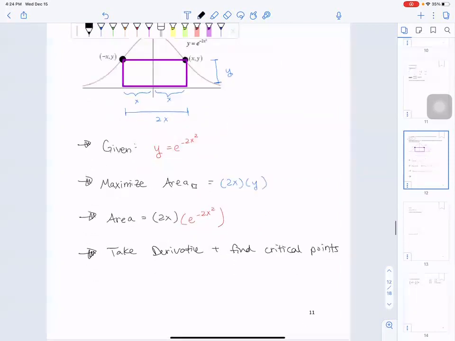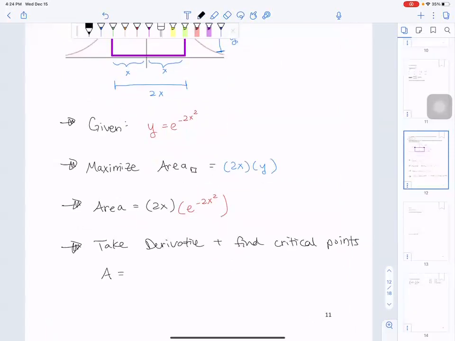So what's the derivative of our area right now? You have two functions, so recognize that you need to use the product rule. The derivative of our area, A prime of x, is first term times derivative of second term. What is the derivative of that?